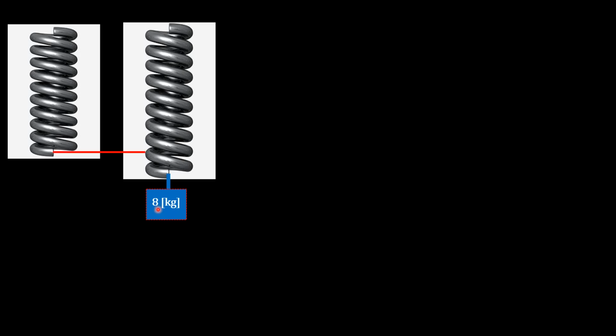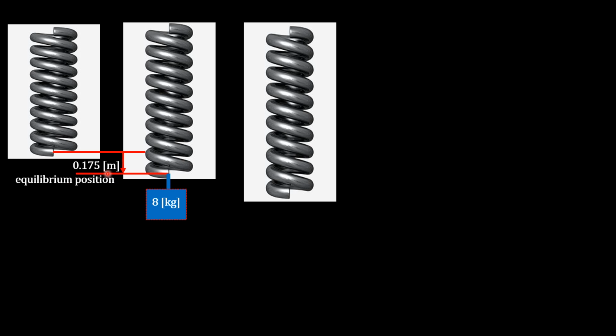Now, this was the original length, and due to the block, it got stretched an amount of 0.175 meter. So now the spring and the mass right here become our equilibrium position. And here we can zero our location. And we said that downward is positive y direction.